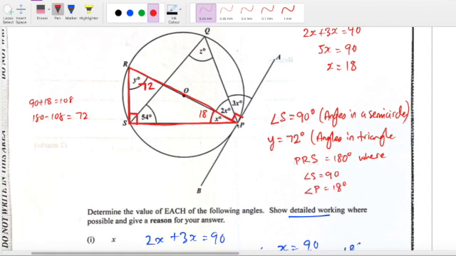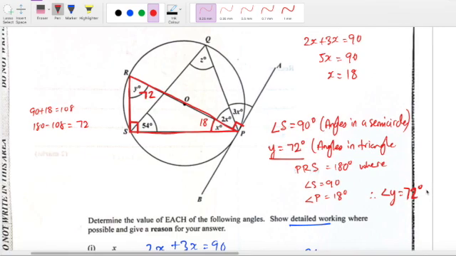That is the angle at the point P for the triangle PRS. So this is a good way to write it down, and therefore we have y is equal to 72. We have the answer there. Therefore, angle y is 72 degrees. So that's a good reasoning for y, nice and easy.